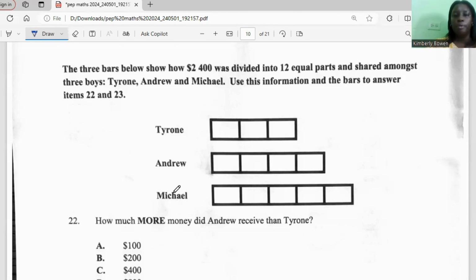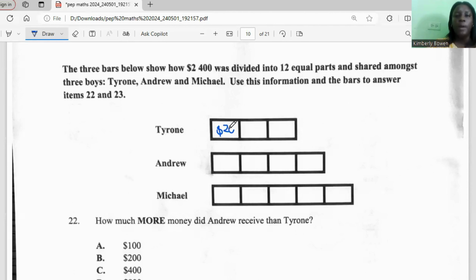So I'm actually gonna just break up the 12 parts and assign the different values to each of the boys. So if we have 2,400 divided into 12 equal parts, I can divide 2,400 by 12 and I'll get 200. So I know that each of these parts is 200.